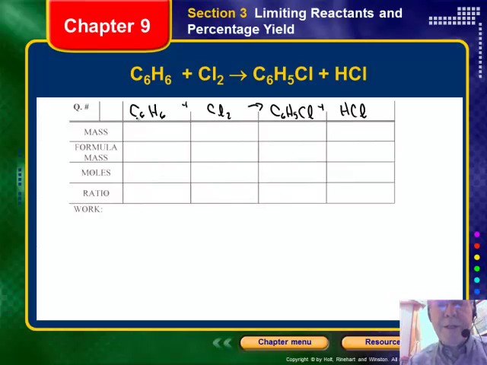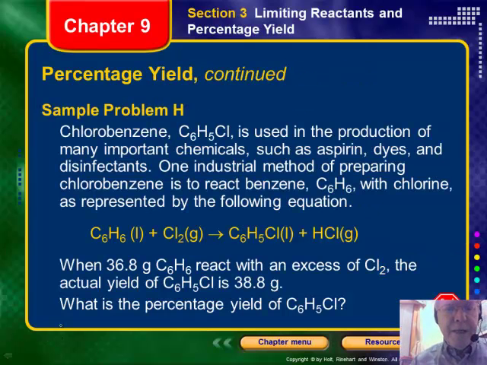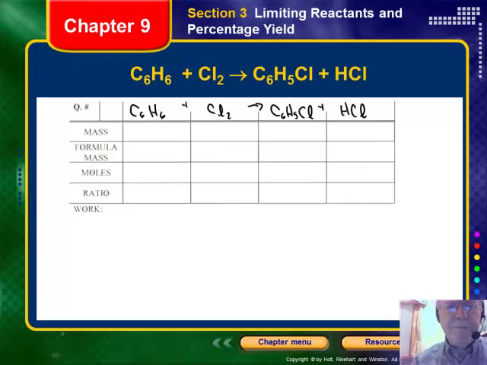We have 6 carbons on the left, 6 carbons on the right, and 5 plus 1 is 6 hydrogen on the right, 6 hydrogen on the left. We have 2 chlorine here, and 1 plus 1 is 2 chlorine there. Alright, let's go back and take a look. We have 36.8 grams of benzene and an excess of Cl2. That tells us that Cl2 will not be the limiting reactant.